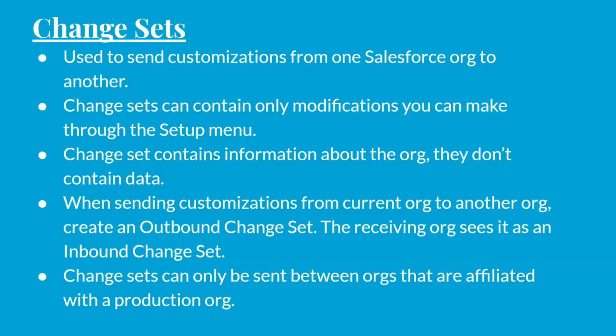Only the things which you can do from the setup menu, from the gear option, where you click on processes or approvals, or create email templates, reports or dashboards. Only those features or modifications you can send through change sets.